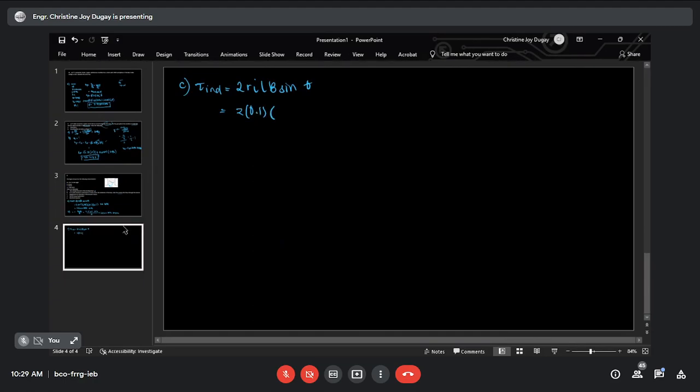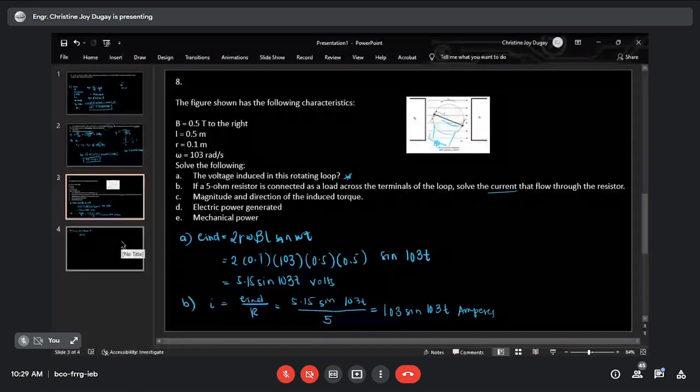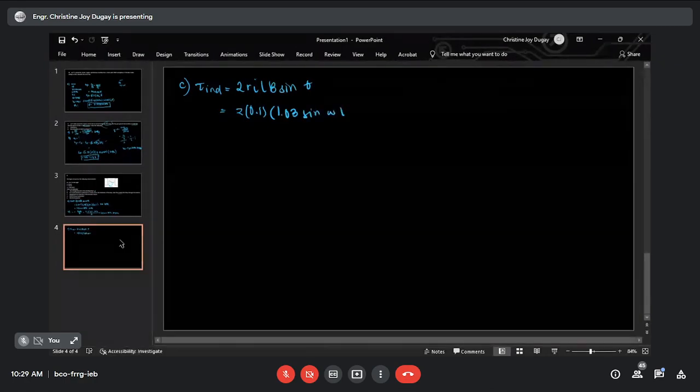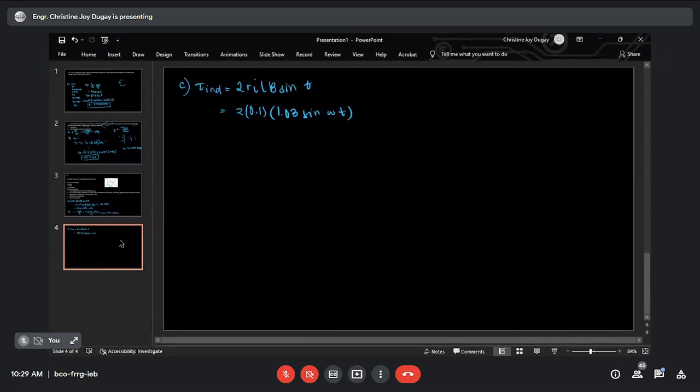Ano ang value ng current natin? That is 1.03 sine of omega t. And then, L natin is equal to 0.5. And then B natin, 0.5 Tesla. And then, sine of omega t, or that is 10^3 t. So, if you are going to solve for this one, calculate nyo lahat ang mga constant niya.